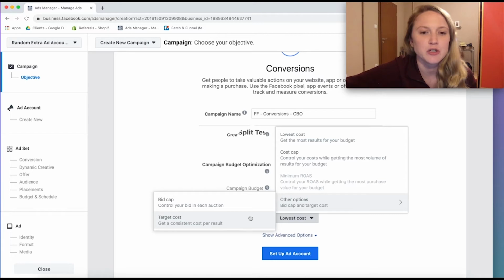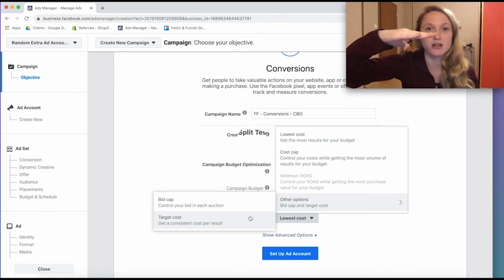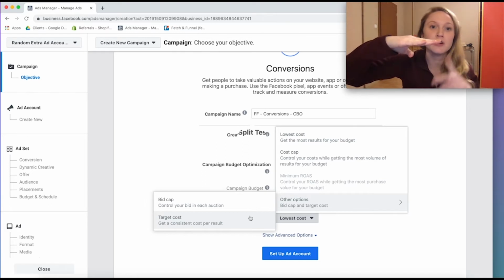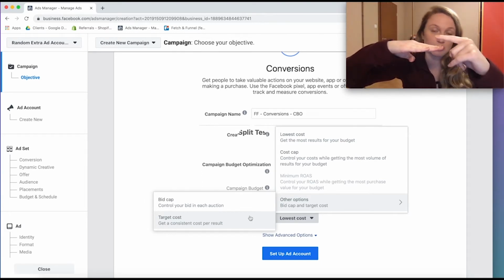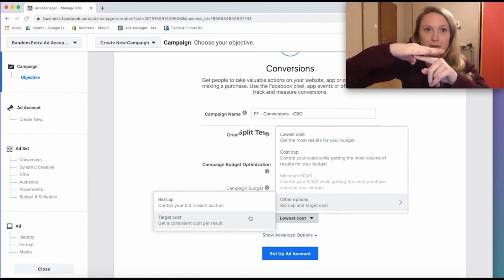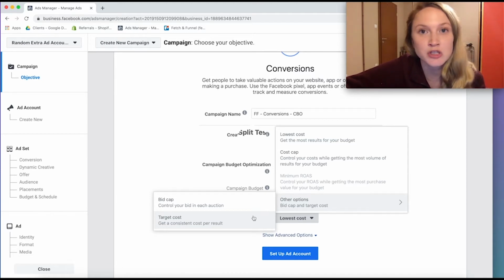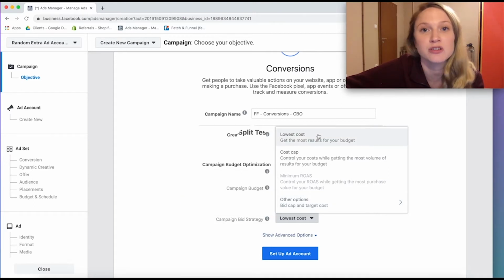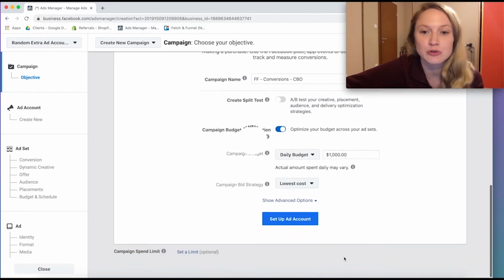The difference between target cost and cost cap is target cost pretty much sets your target cost right here, but it will find conversions that cost a little bit above that and a little bit below that. So honestly, I would recommend testing a few of these once you've had a few CBO campaigns under your belt and you feel comfortable with the lowest cost bid strategy. But until then, just continue using lowest cost.